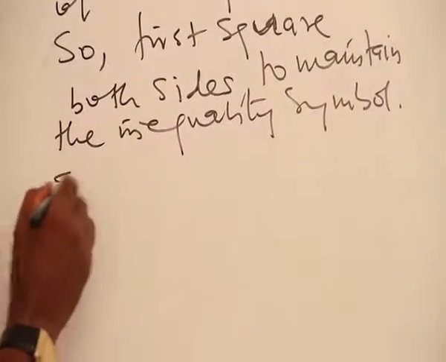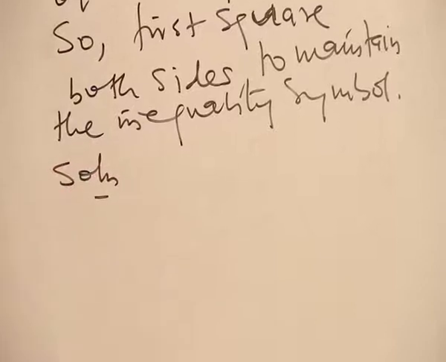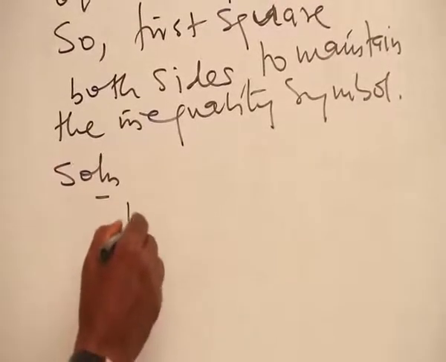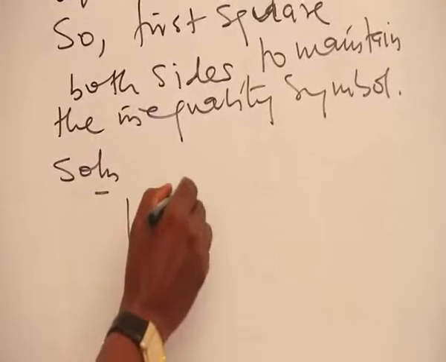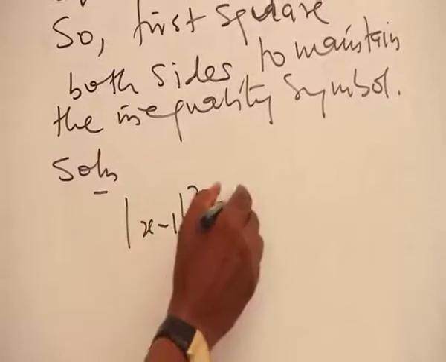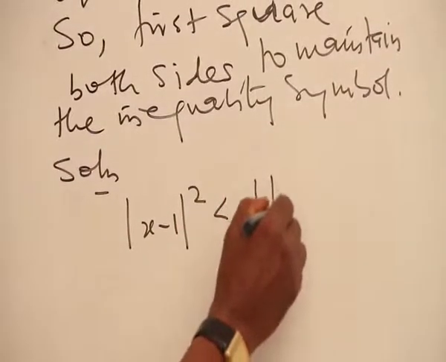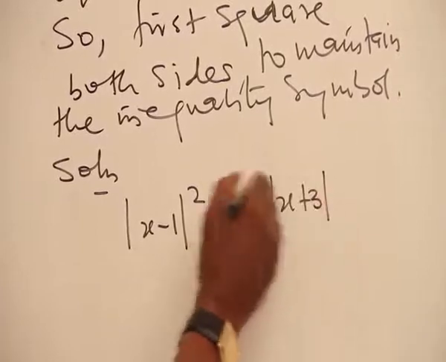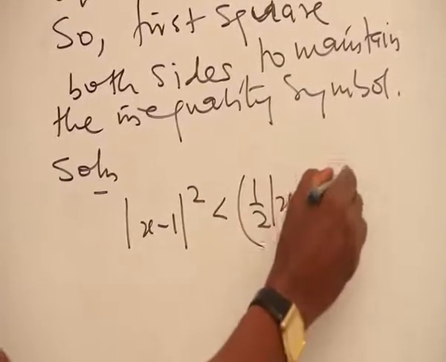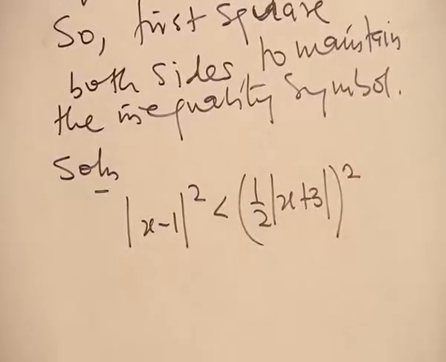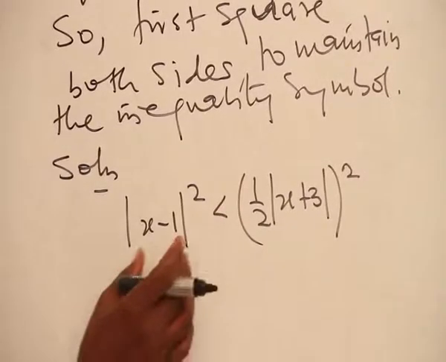So our solution in this regard will be for us to have s minus 1 squared less than half into the modulus of this, everything here also squared. It's a normal expansion.